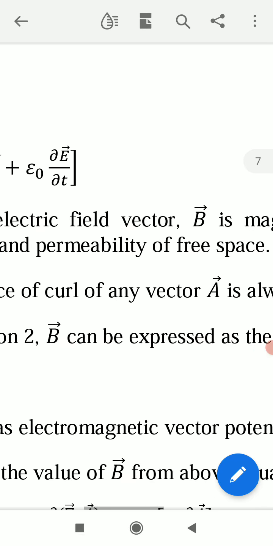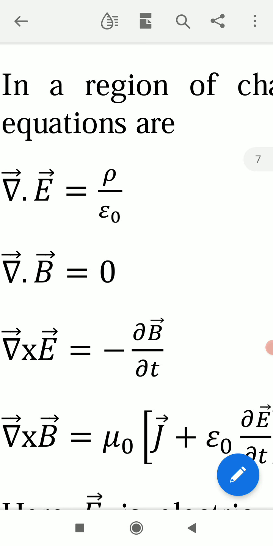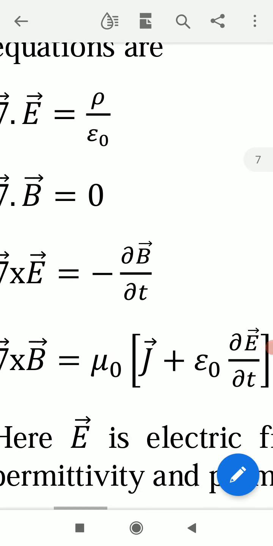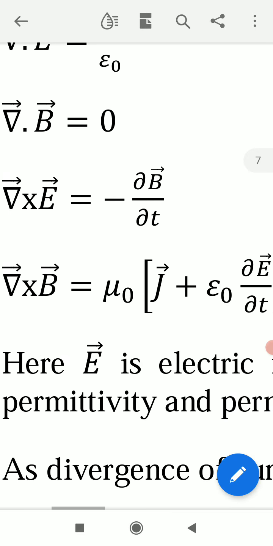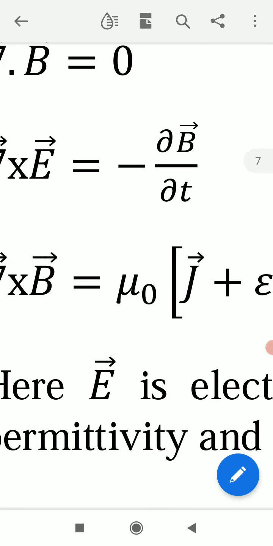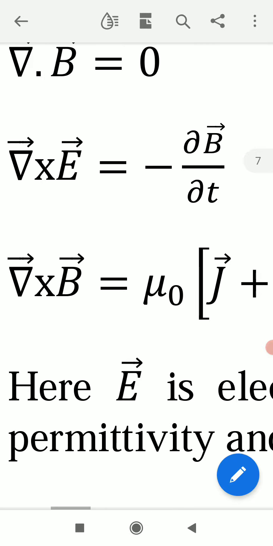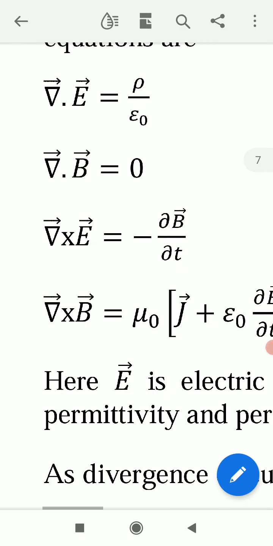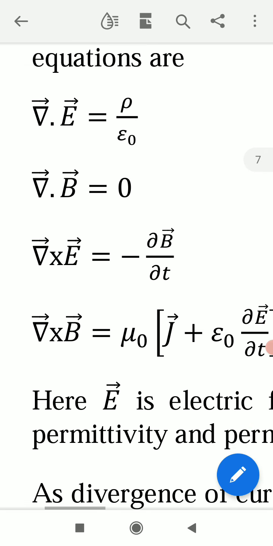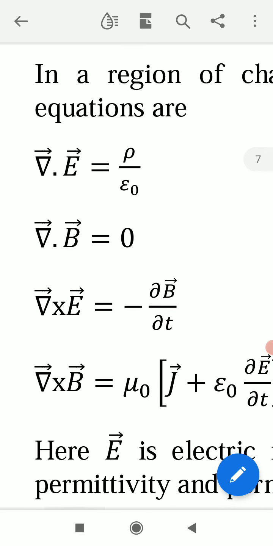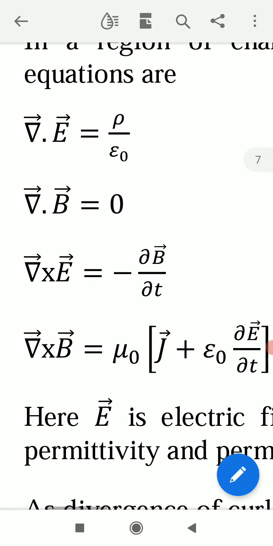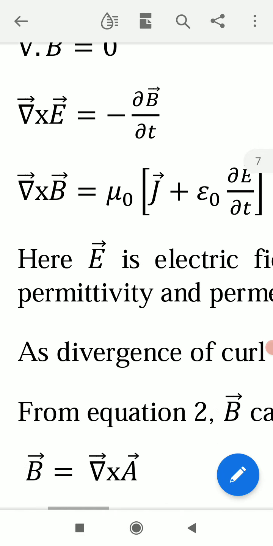These are 2 constants, epsilon 0, which is known as permittivity of free space, and mu 0, which is known as permeability of free space. Rho is charge density and J vector is current density.